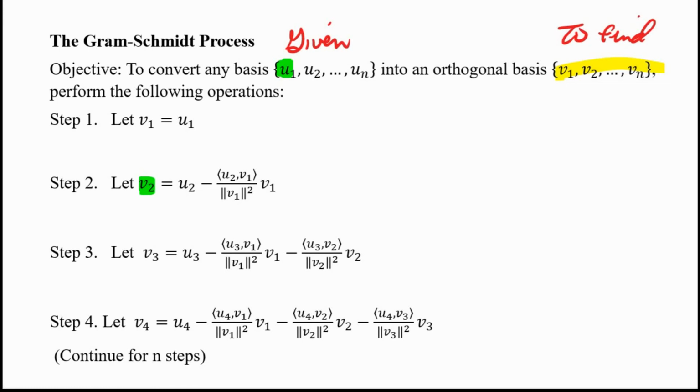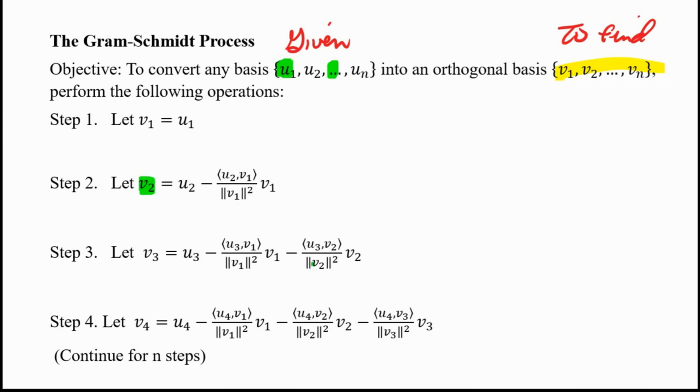If there are three vectors, then we repeat this process again. Do you see the recursion? So V sub 3 is equal to U sub 3, minus the dot product of U sub 3 and V sub 1 divided by the norm of V sub 1 squared, times V sub 1, minus the dot product of U sub 3 and V sub 2 divided by the norm of V sub 2 squared, times V sub 2.